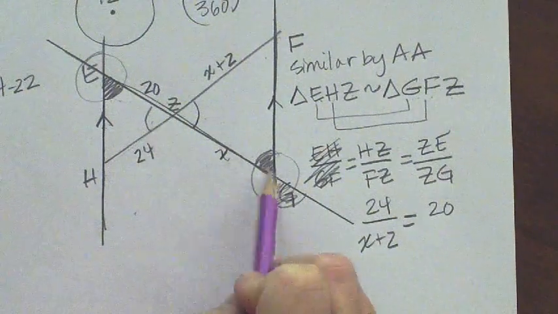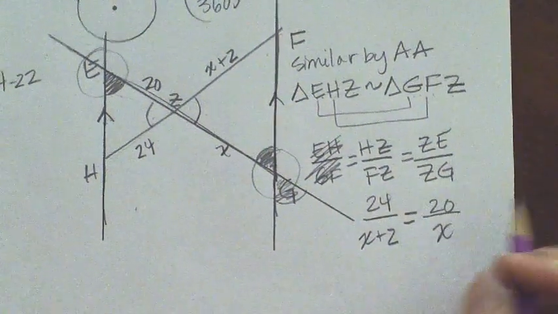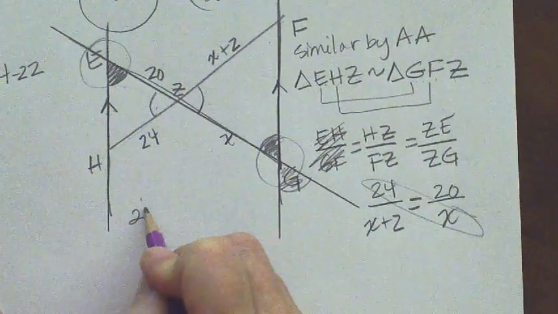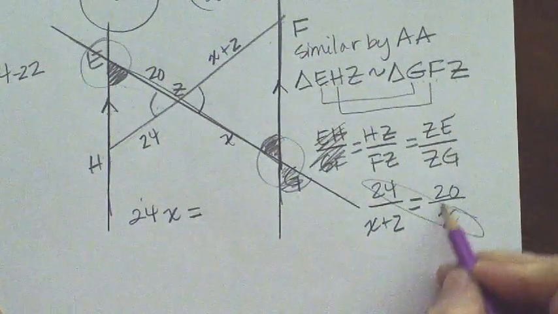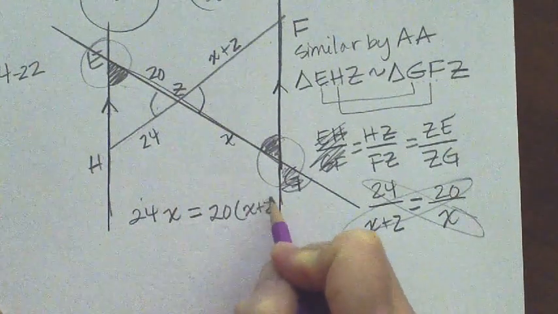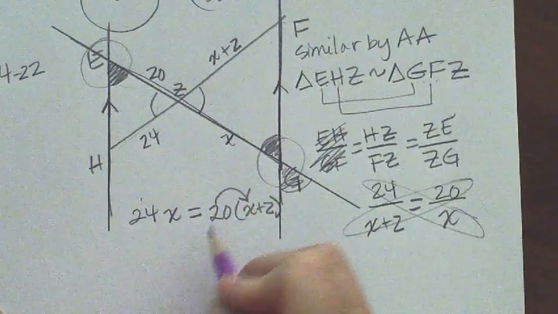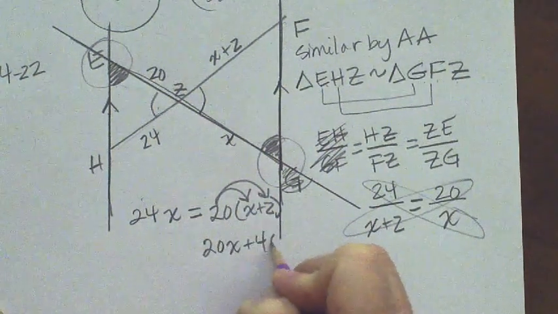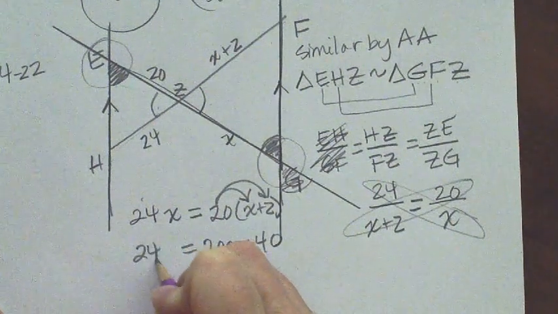ZG is x. So we have 24 times x is equal to 20 times x plus 2. Let's go ahead and distribute. That's going to give me 20x plus 40 equals 24x.